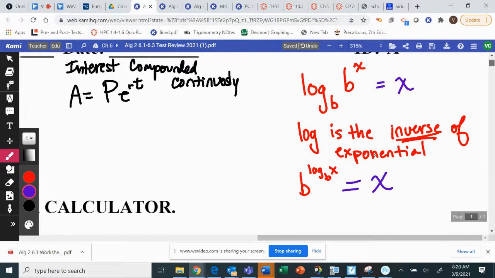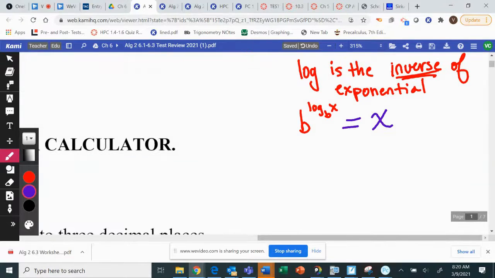If I have ln, what is the inverse of ln? e, yeah. e, and then I'd put to the x.